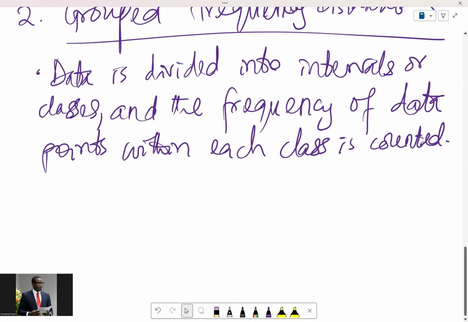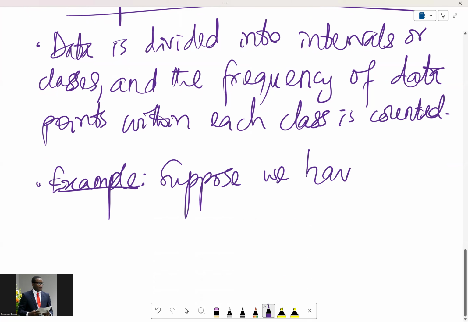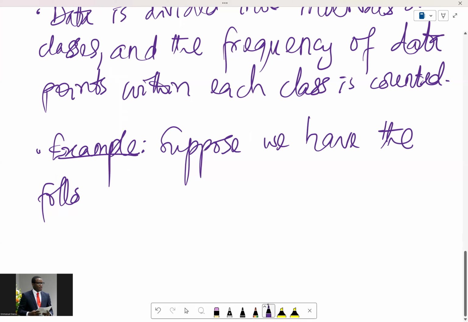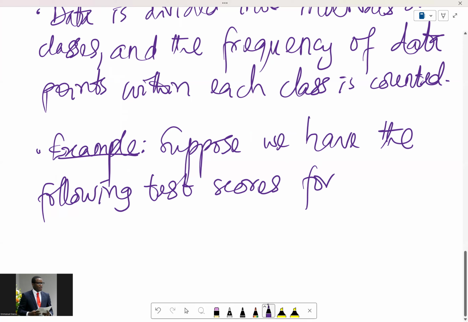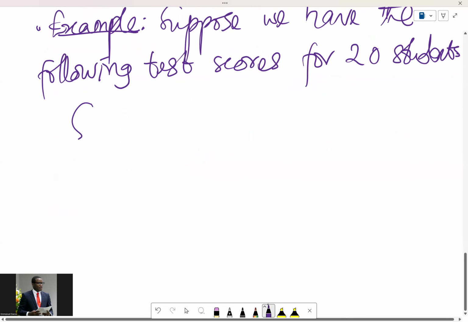Okay. So for example, suppose we have the following test scores for 20 students. So see how that goes. We have score range.